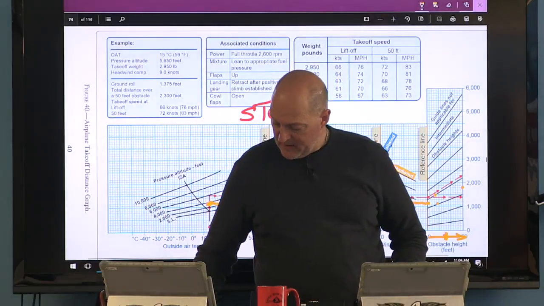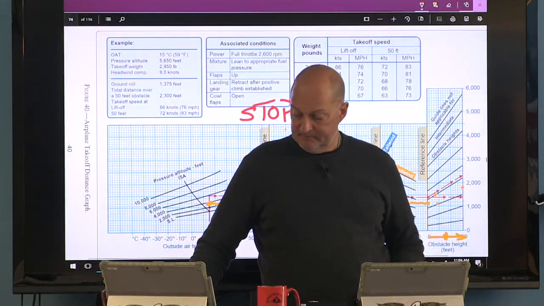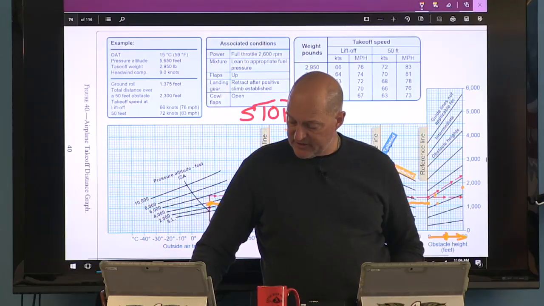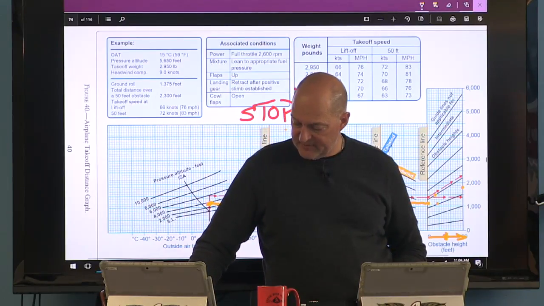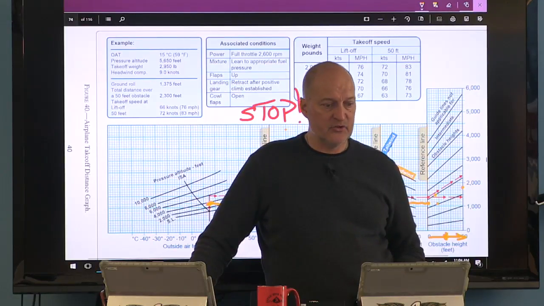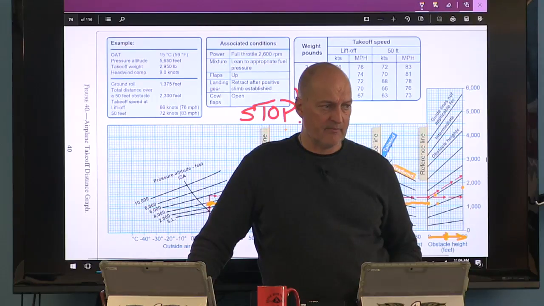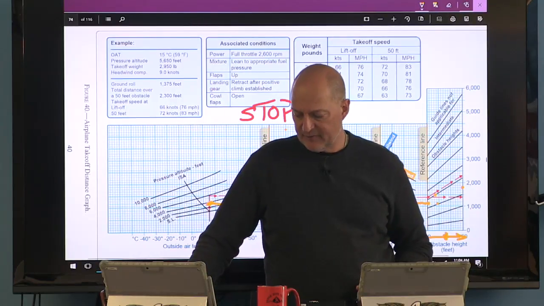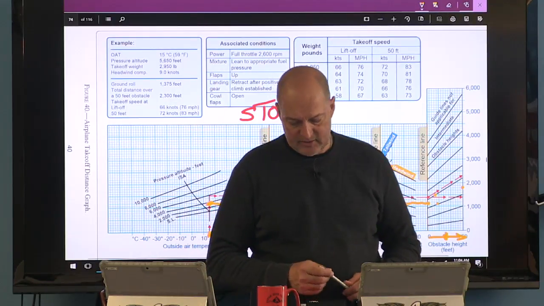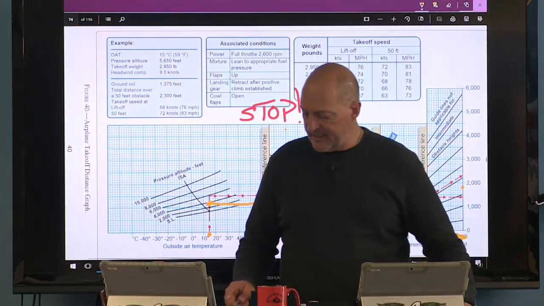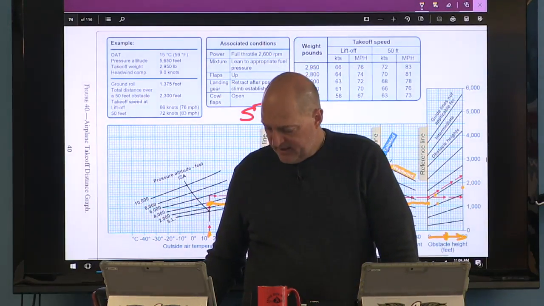Here we go. Refer to Figure 40. Determine the total distance required for takeoff to clear a 50-foot obstacle. Okay, so we're looking to accomplish the same thing here, but the variables are going to be different. Here are the variables. Outside air temperature, OAT, standard.